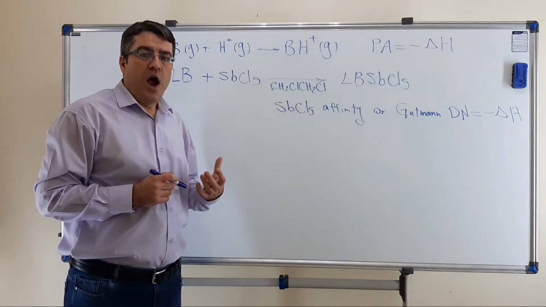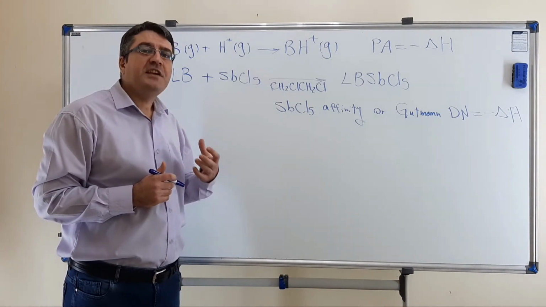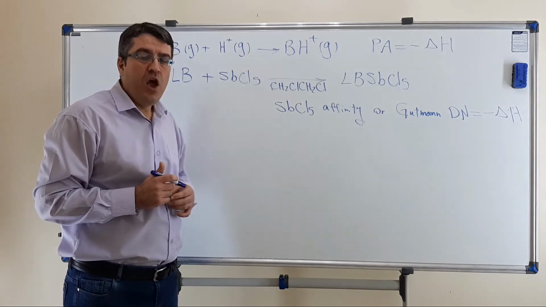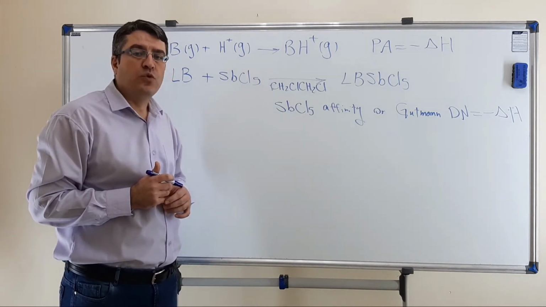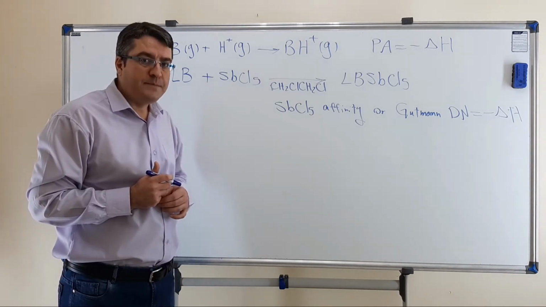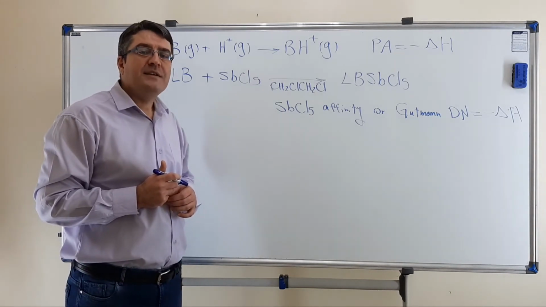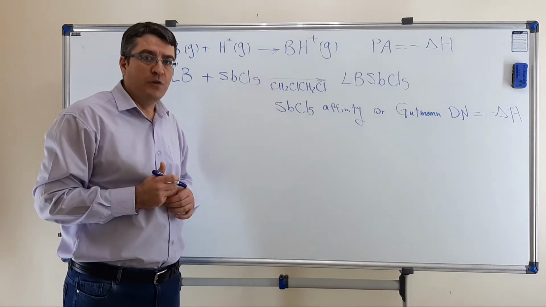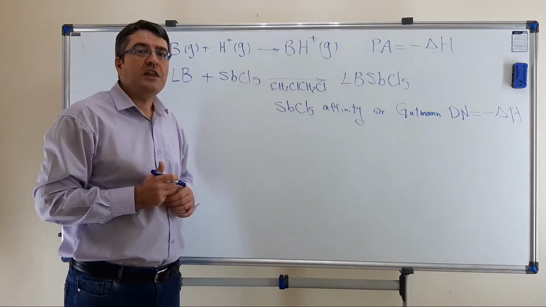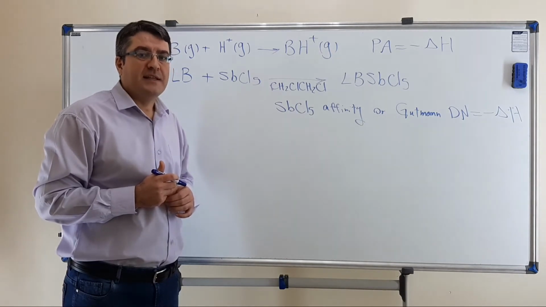Boron trifluoride affinity is the negative of the enthalpy change at 298 Kelvin for the reaction of the one-to-one Lewis adduct formation between a Lewis base and the reference Lewis acid boron trifluoride, BF3, in dilute solutions in dichloromethane as the solvent.